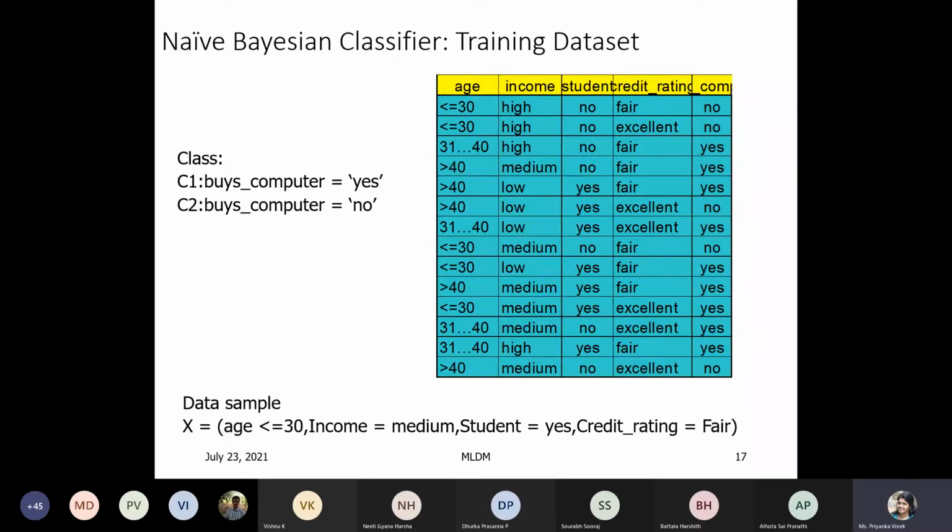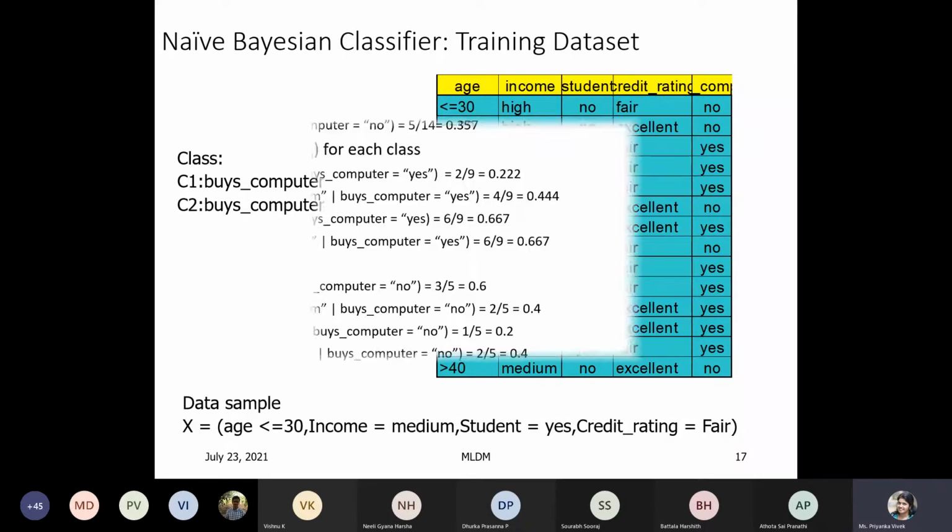How do we find that? For the probability of yes, we find how many yes are there in the total samples. For age less than or equal to 30 given yes, in the instances where the label is yes, we count the number of cases where age is less than or equal to 30.